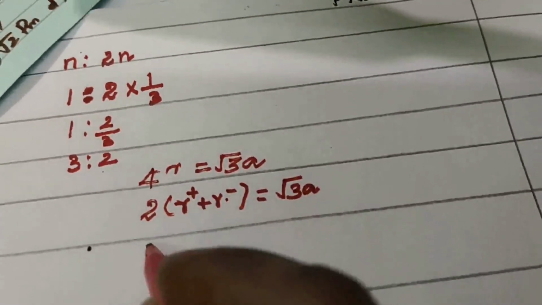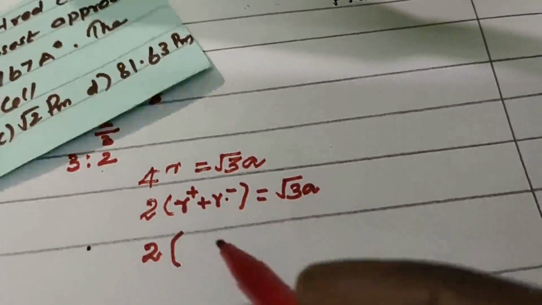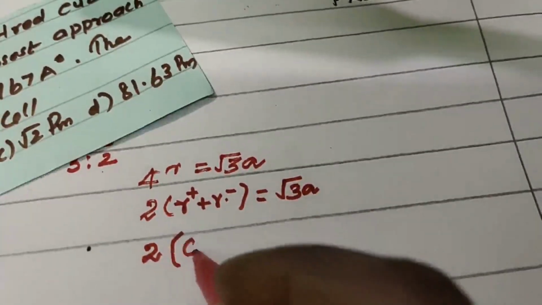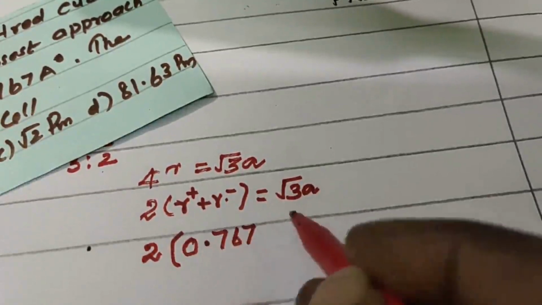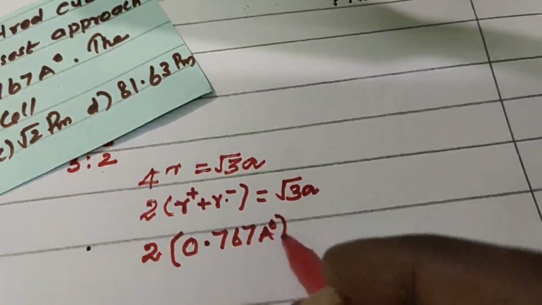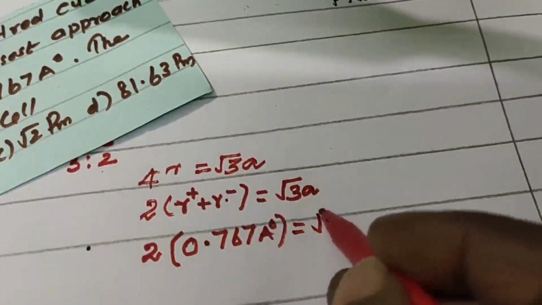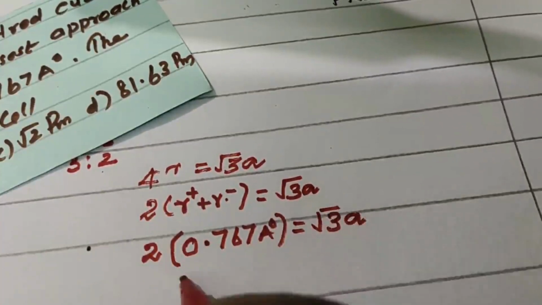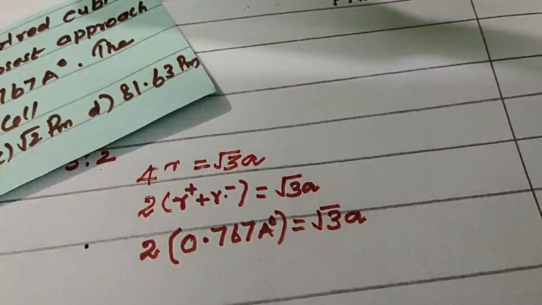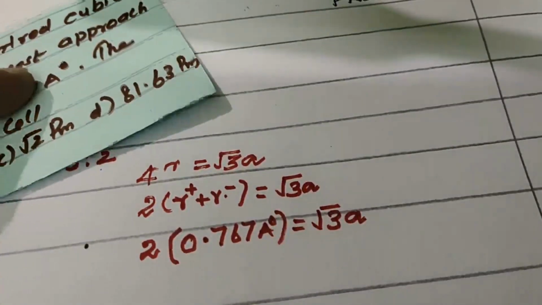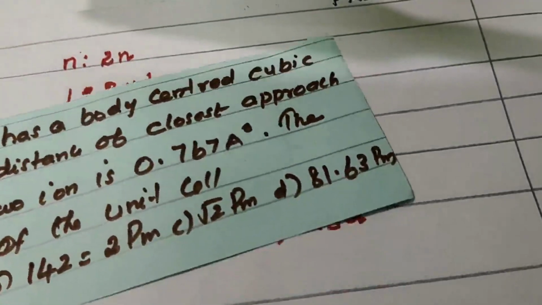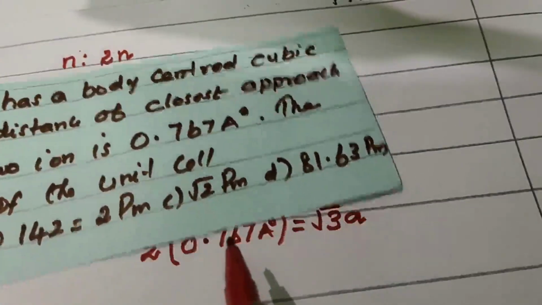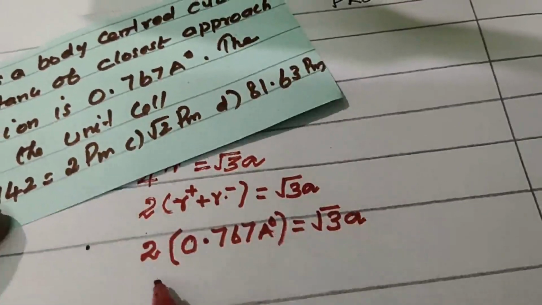Then 2 into the given value 0.767 Angstrom unit is equal to √3 into a. The important point is that the question is given in Angstrom unit, but the answer is in picometer. So the Angstrom unit is converted into picometer.